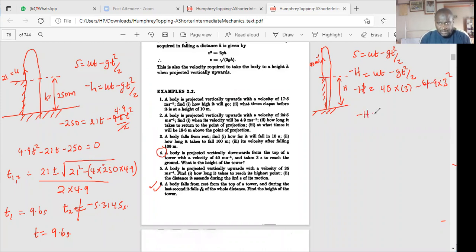So negative h is going to be equal to 120 minus 4.9 times 9. What do we realize? 75.9. h is equal to 75.9 meters.